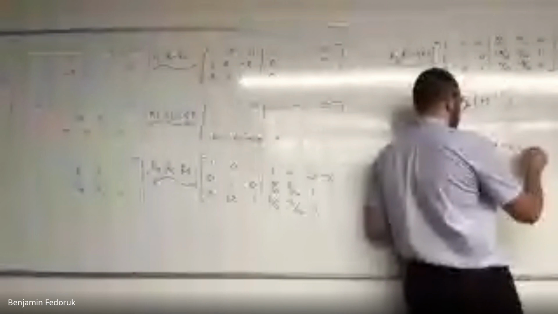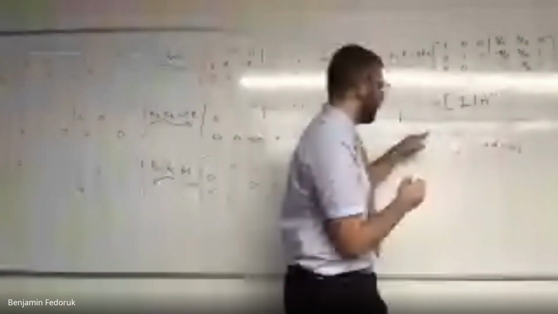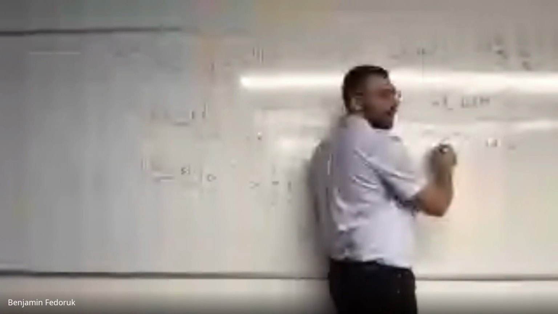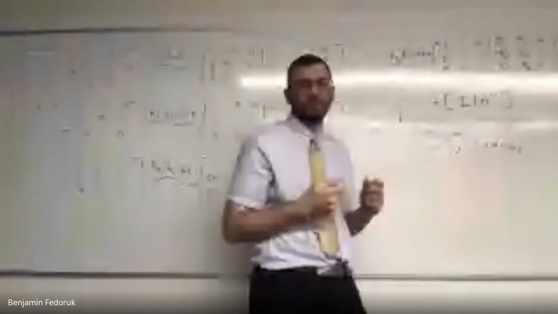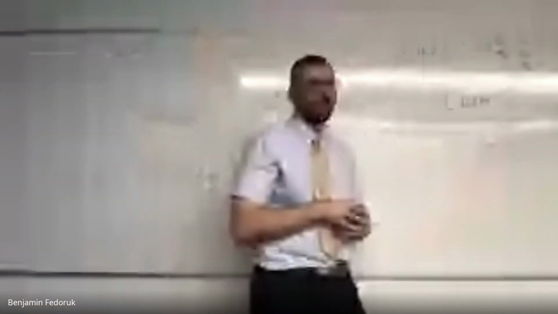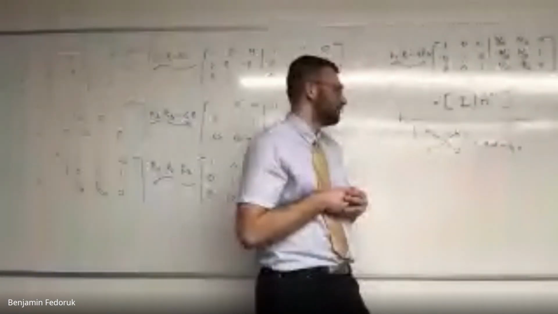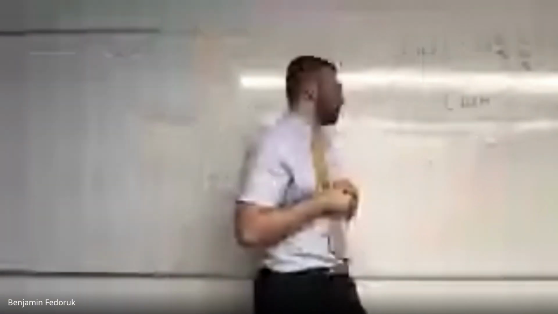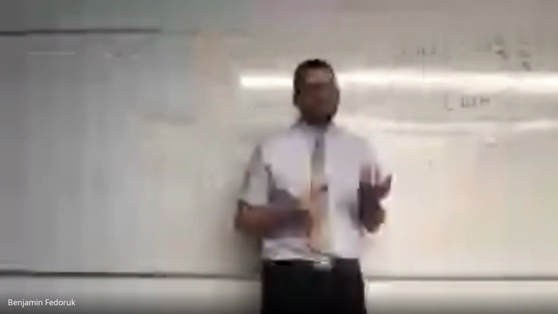So you do everything across this way minus everything on the other diagonal. It's kind of weird. Again, why are we doing it this way? I don't know. Well, I do, but it's hard to explain.